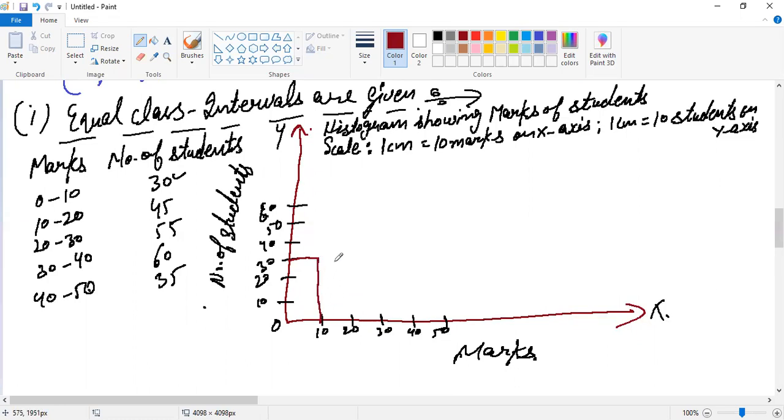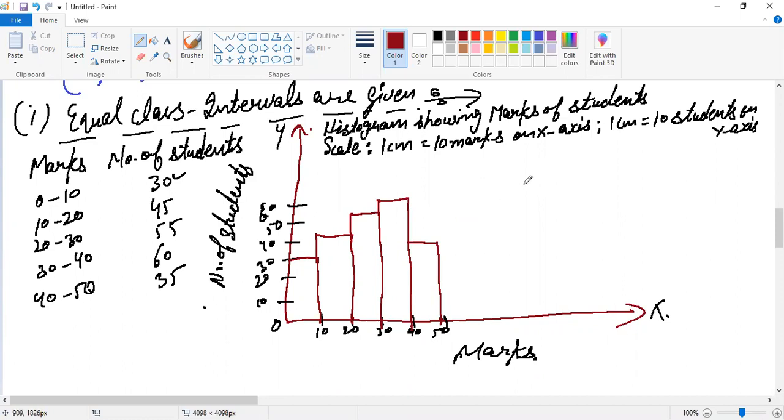Then 45, after that 55, next is 60, and then 35. Okay, students, when equal class intervals are given, this is our histogram.